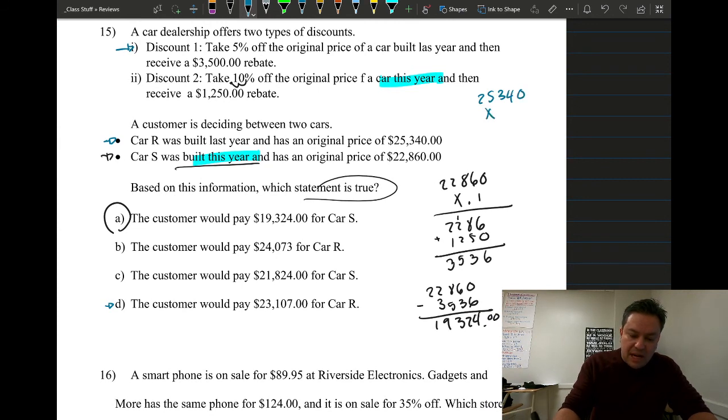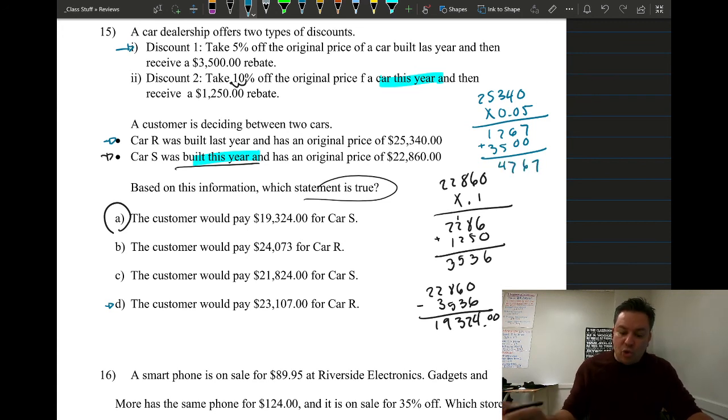Car R is $25,340 times 0.05. When I multiply that, I get 1,267. That's how much the 5% of the price is, plus the $3,500. That's gonna be 4,767 off the original price.